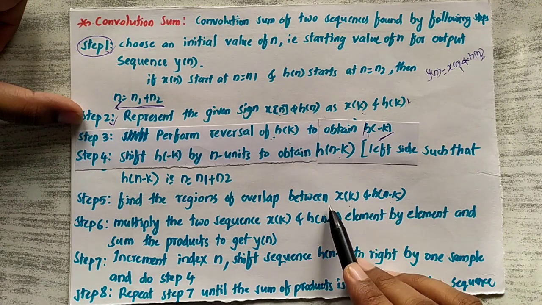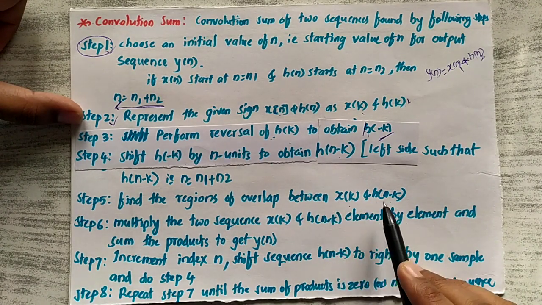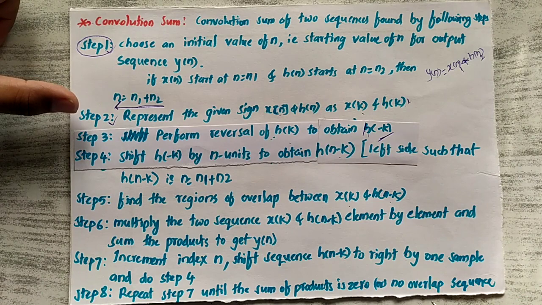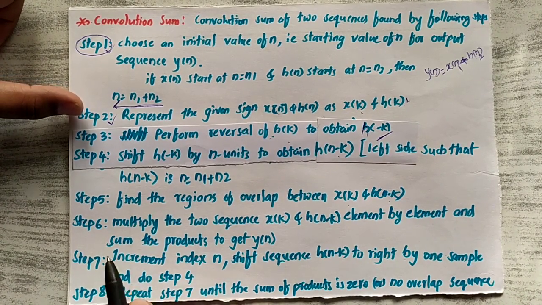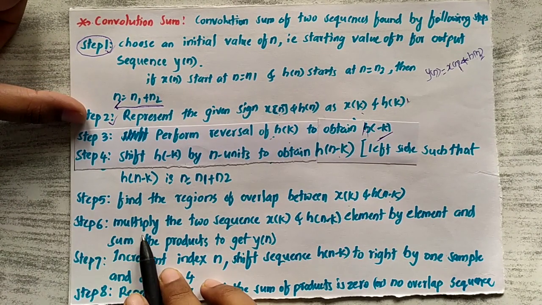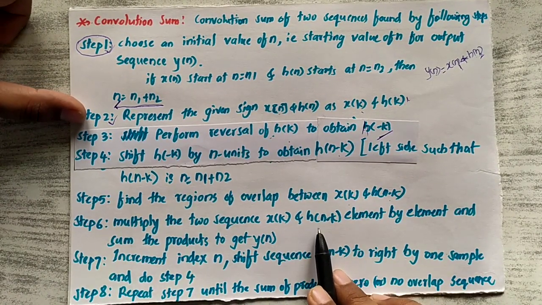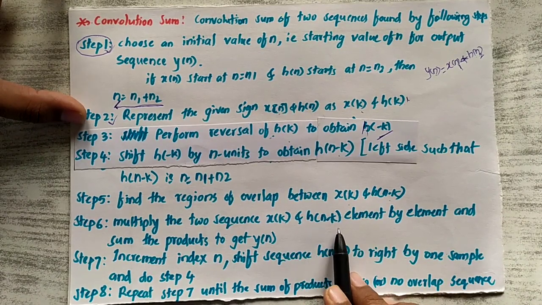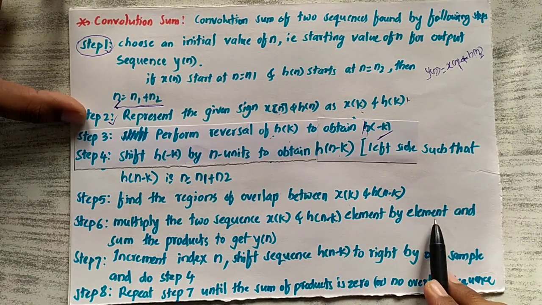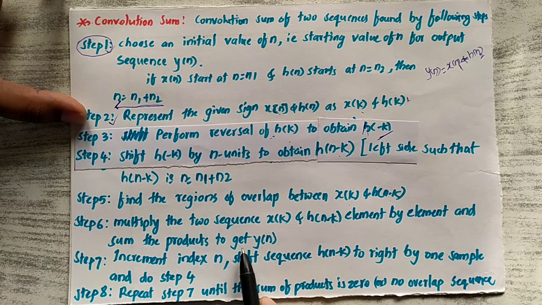If there is an overlap, they have to be multiplied and added, otherwise it is 0. So what is step 6? Multiply the two sequences x of k and h of n minus k element by element and sum the products to get y of n. So that's what the formula is.